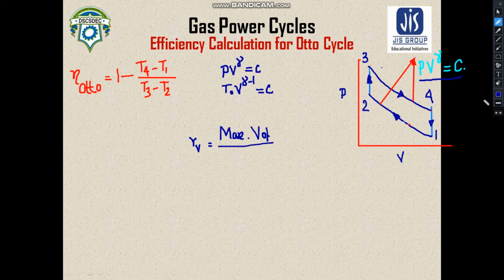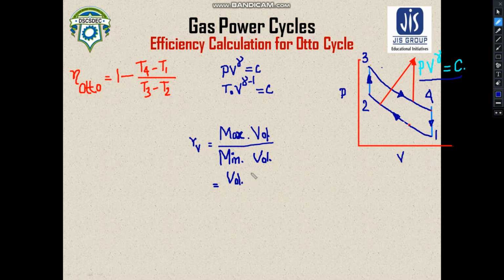I'd like to correct it because it seems odd. So it is max volume divided by min volume, or sometimes it is also written as volume before compression.